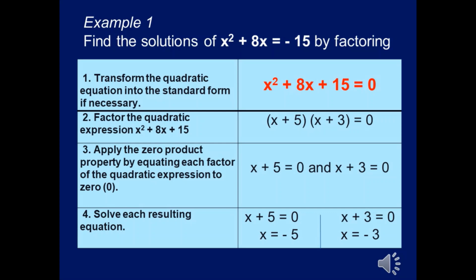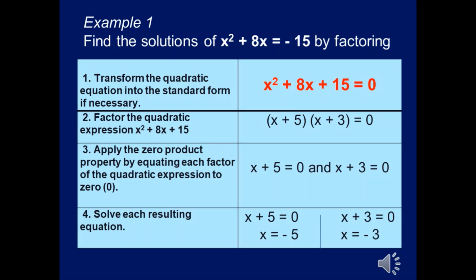For x plus 5 equals 0, we have x equals negative 5. How did we get negative 5? We transpose 5 to the other side, so it becomes negative, since we take the opposite sign whenever we transpose a term to the other side of the equation. So our first value for x is negative 5.